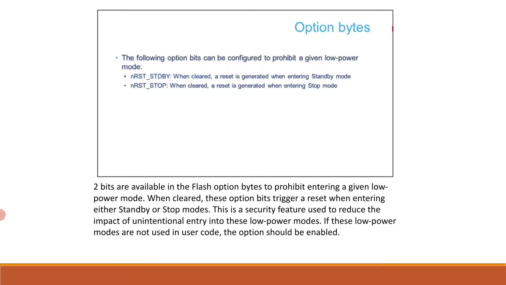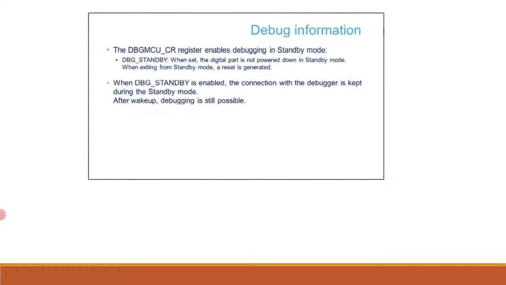After this, we'll talk about the debug control register, which is used to enable debugging in standby mode. When the related bit is set, the regulator is kept on and domains are supplied in standby modes. This maintains the connection with the debugger during the low power modes and continues debugging after wake-up.